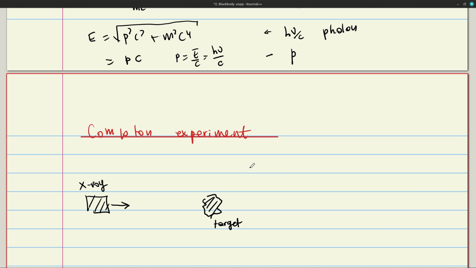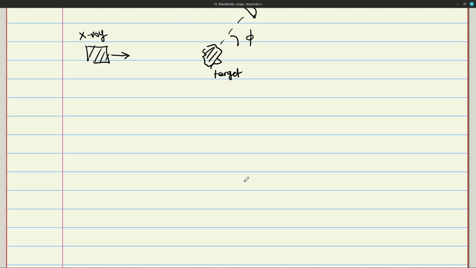And from here, you have a detector. This is the detector, and this detector makes an angle, which is the phi we used for the scattering problem. And at the end, as always, we look at the spectrum, and that spectrum tells us about the quantum mechanics.